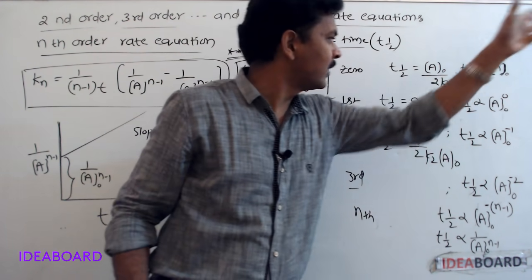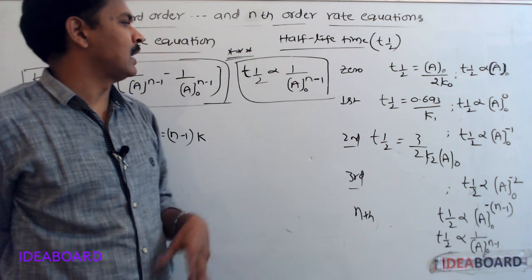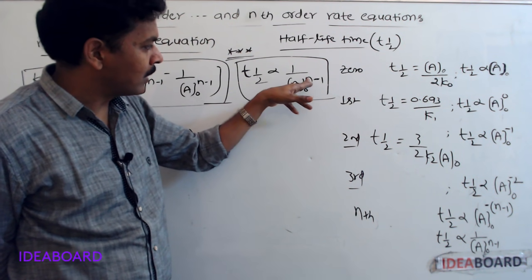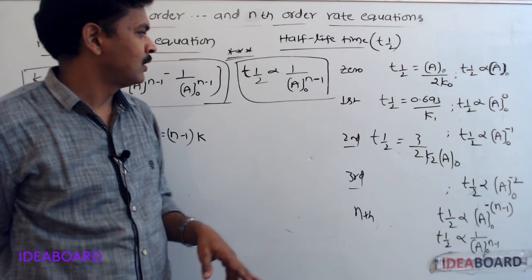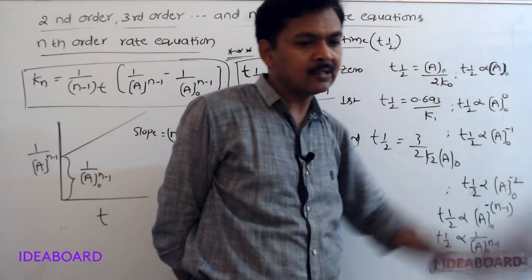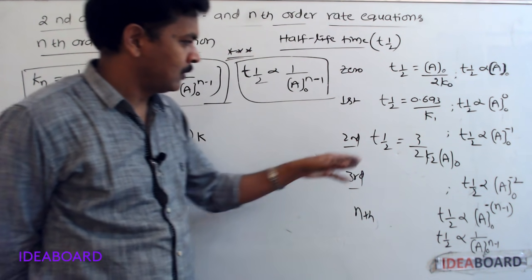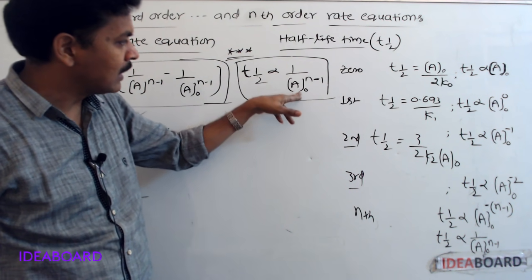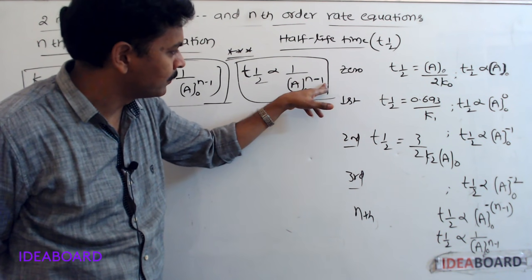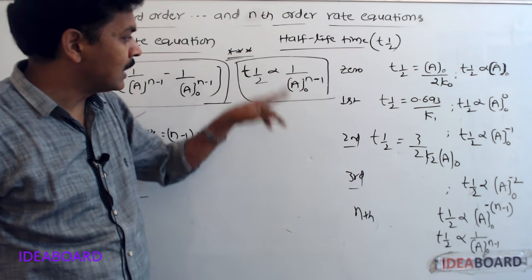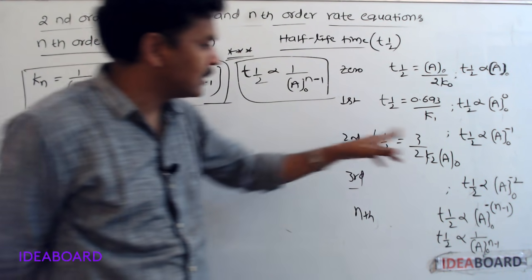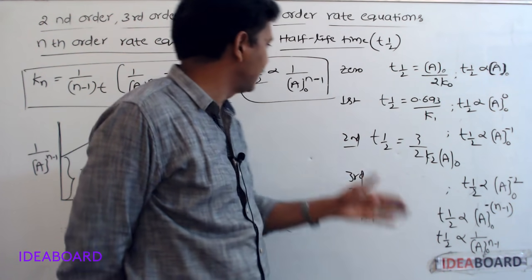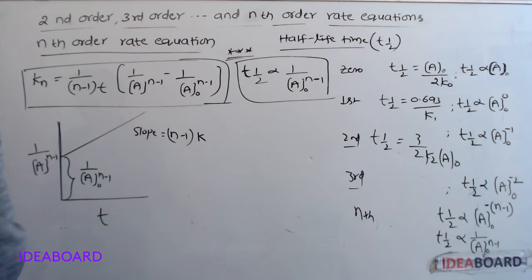For first order reaction, T half is directly proportional to 1 by A naught power 1 minus 1, which is 0, so T half is independent of initial concentration. For second order reaction, T half is directly proportional to 1 by A naught power 2 minus 1, so T half is inversely proportional to initial concentration of the reactants. Like that, for different orders of reactions we can write.